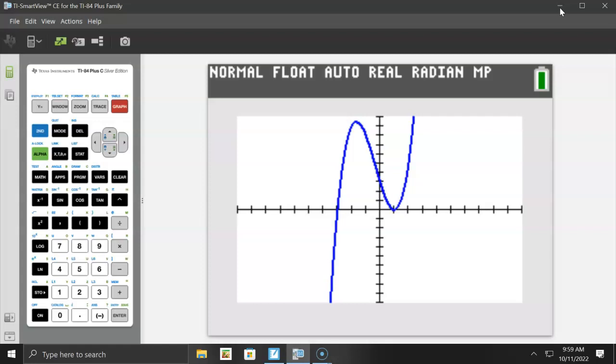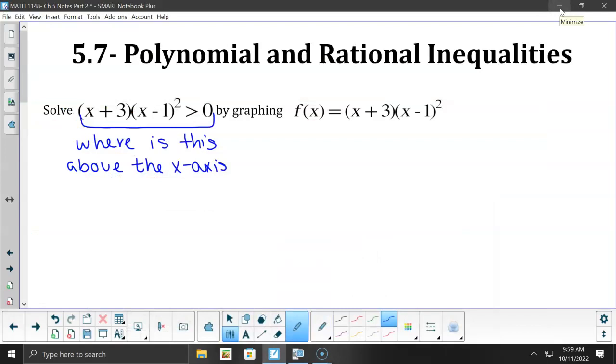I've got between negative 3 and positive 1 that's above, but when it hits 1, y is 0, so then I have to go from 1 to infinity.